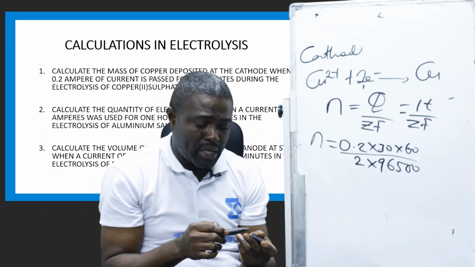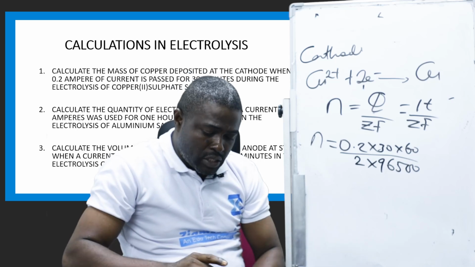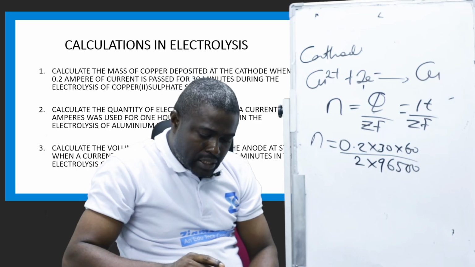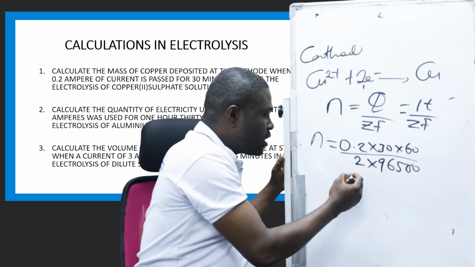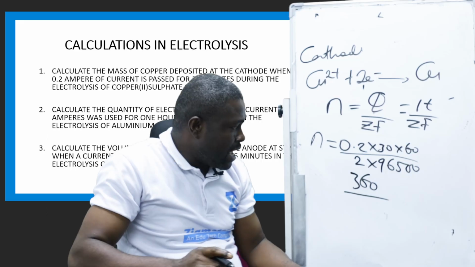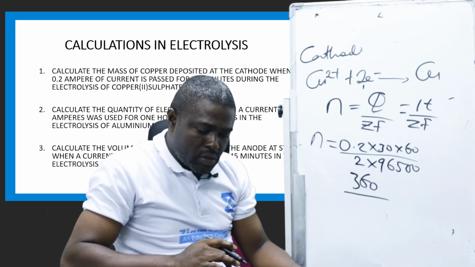You now convert the mole to mass. Now let's solve this. So I'm going to have 0.2 times 30 times 60, I have 360 over, then I have 2 times 96500.